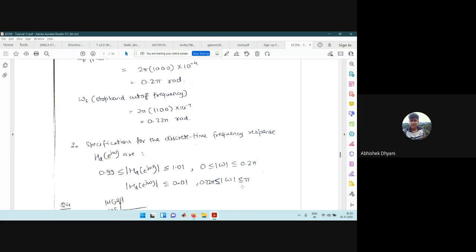The upper limit is π because we are in discrete time; that's the maximum possible frequency. In continuous time, if you remember, there was no upper limit, because capital omega goes to infinity.